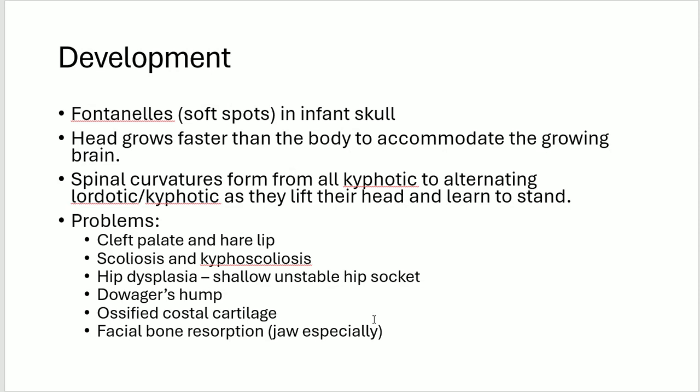We already talked about the kyphotic curve, so it's a complete C shape at birth, so it's all kyphotic. We don't start alternating lordotic and kyphotic until the baby starts getting older and learns how to hold their head up to stand, to crawl.